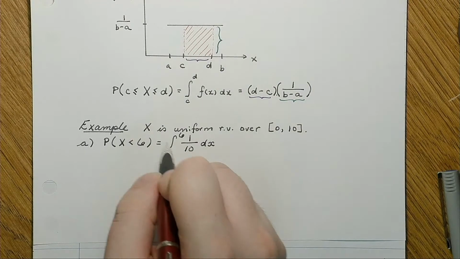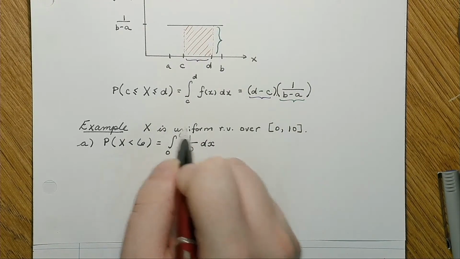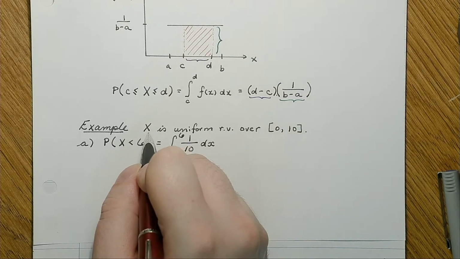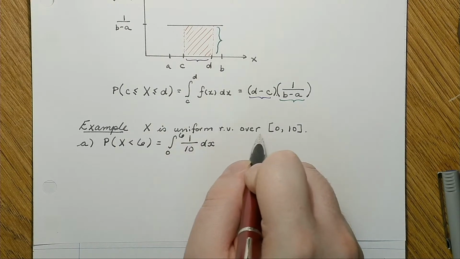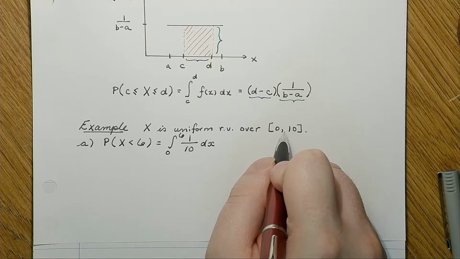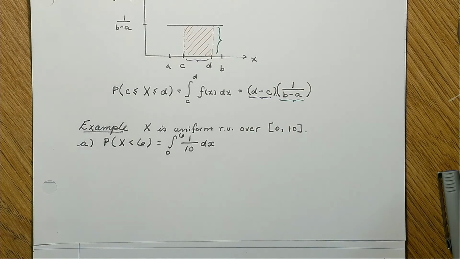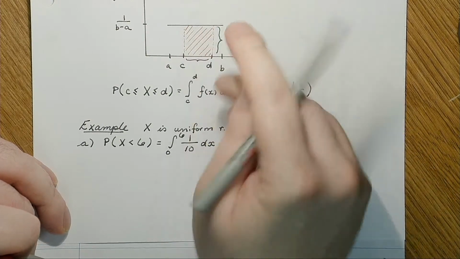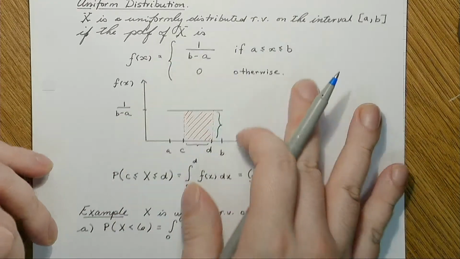Yeah. Well, I've told you that x is a uniform random variable from 0 to 10, so you should be able to figure out what that PDF is. Again, we just go back up here.